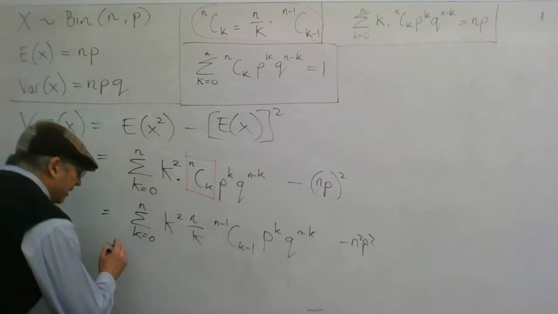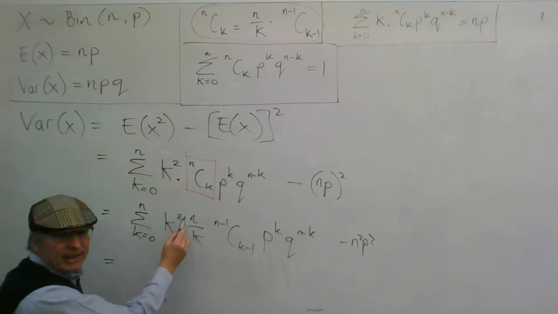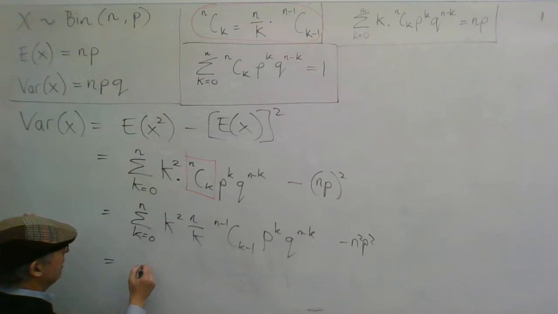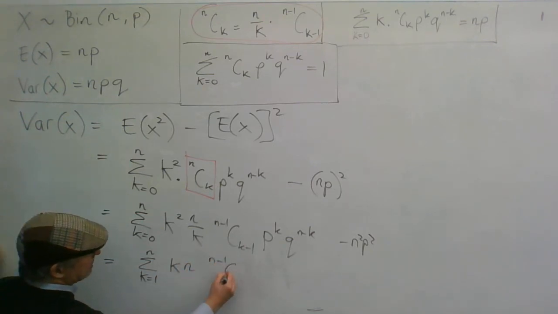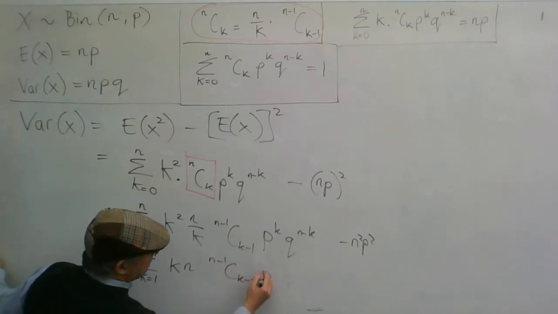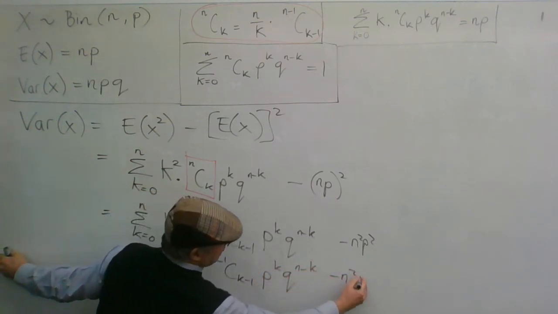So I might do that now. And at the same time, I'll cancel one of these k's here. So I've got the sum from k equals 1 up to n of k times n, n minus 1 choose k minus 1, p to the k, q to the n minus k, minus n squared p squared.